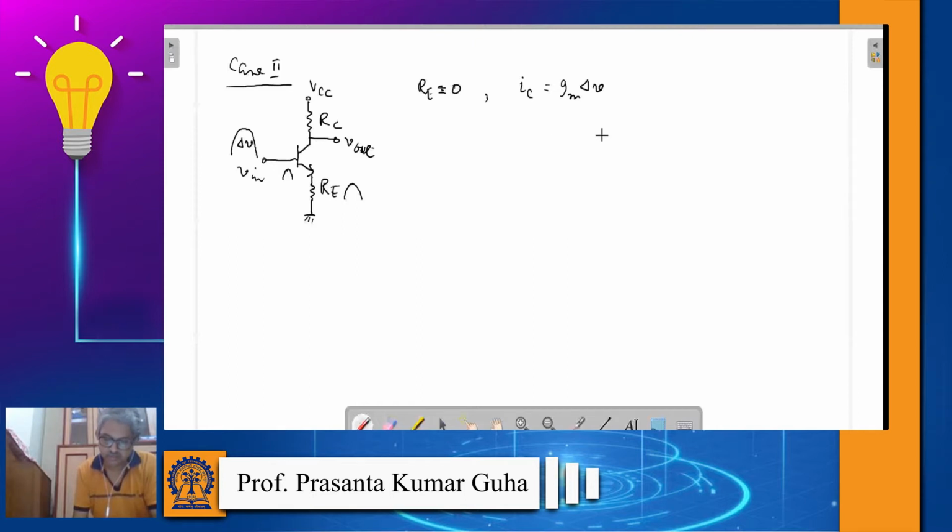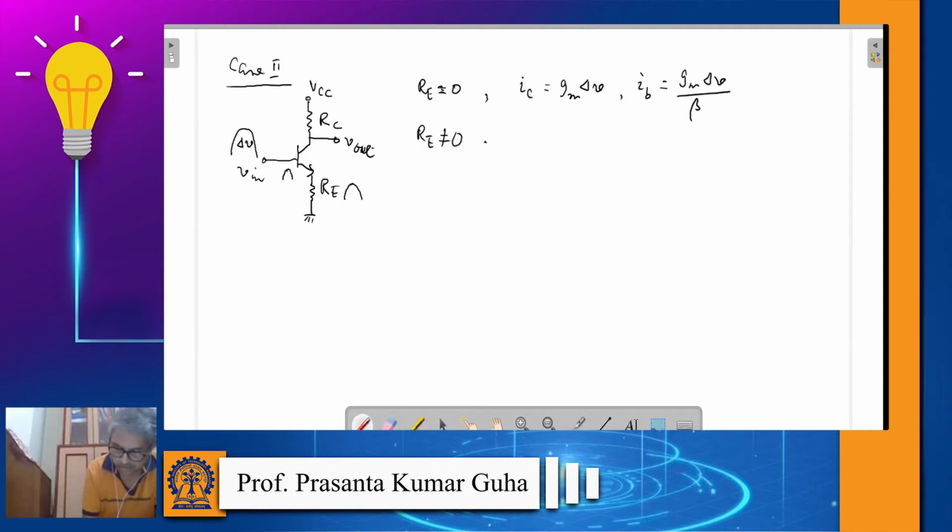Because you remember GM is delta IC over delta VBE. That's basically GM, right? Transconductance. So we can write IC is equal to GM delta V, and the corresponding change in IB can be written as this divided by beta.